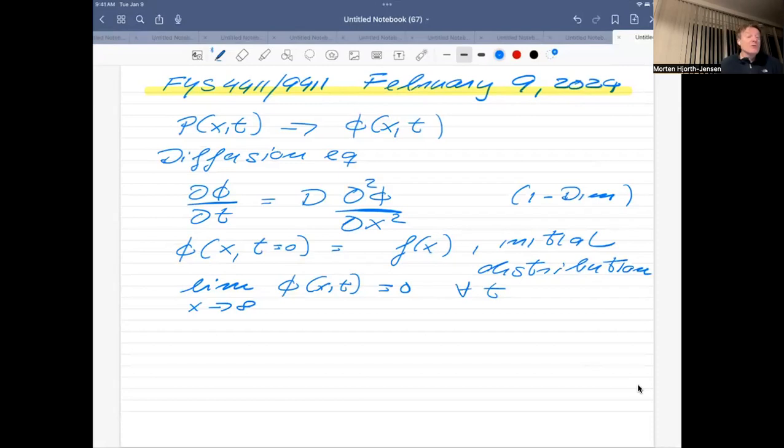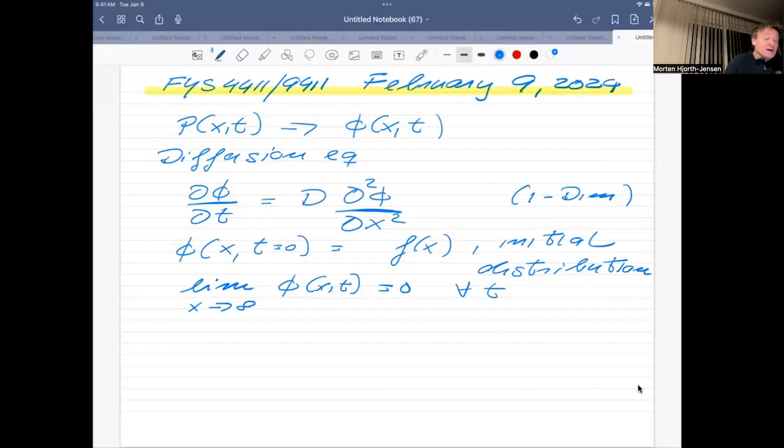So this is a typical boundary condition which you will encounter when you're modeling the physical process of diffusion. And this is actually an important property, because we're assuming that in the limit where x becomes very large, this probability distribution goes to 0. So we cannot have a probability distribution which keeps large values all over space, because else we would not be able to integrate this up and get a final normalization.